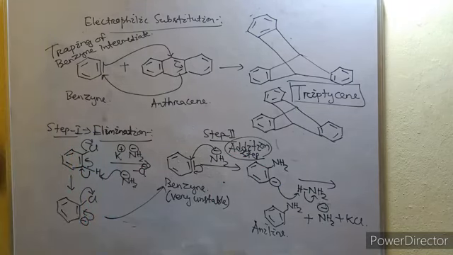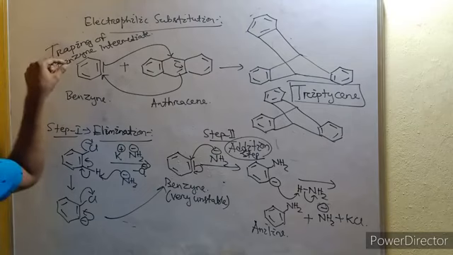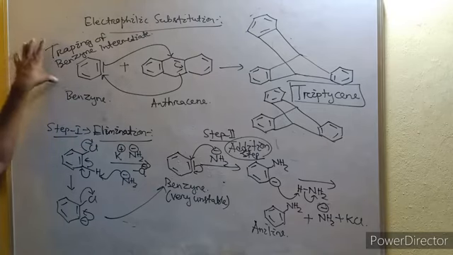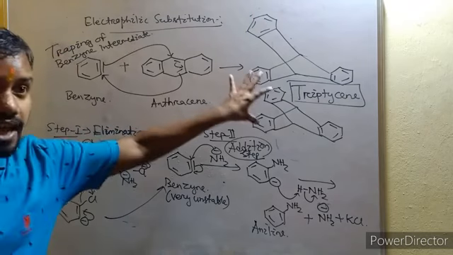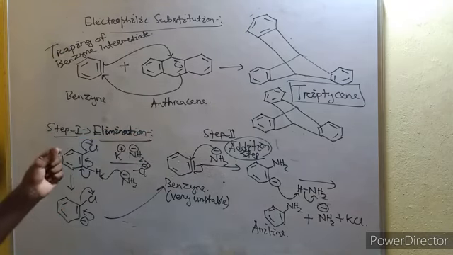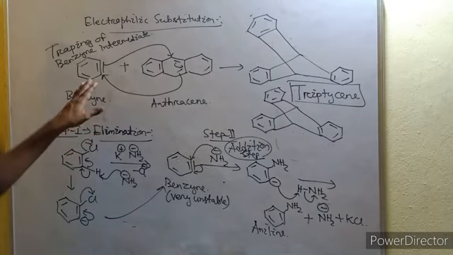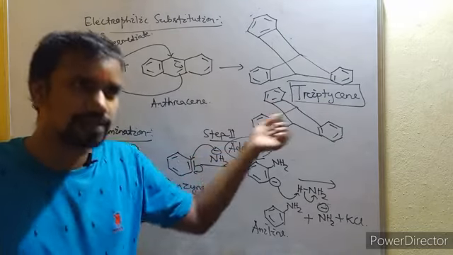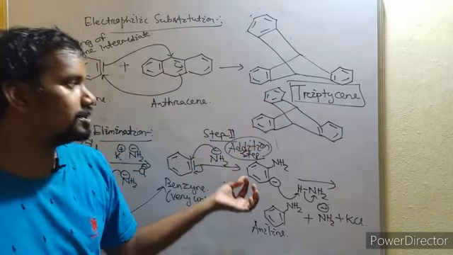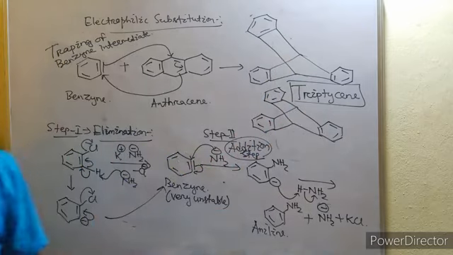In the exam or in interviews it is asked how to trap benzyne. You have to write this reaction, or sometimes in short or objective questions: the compound formed by the reaction of benzyne with anthracene is known as dash. Four options will be there. If you know the structure of triptycene, then only you can write this one.